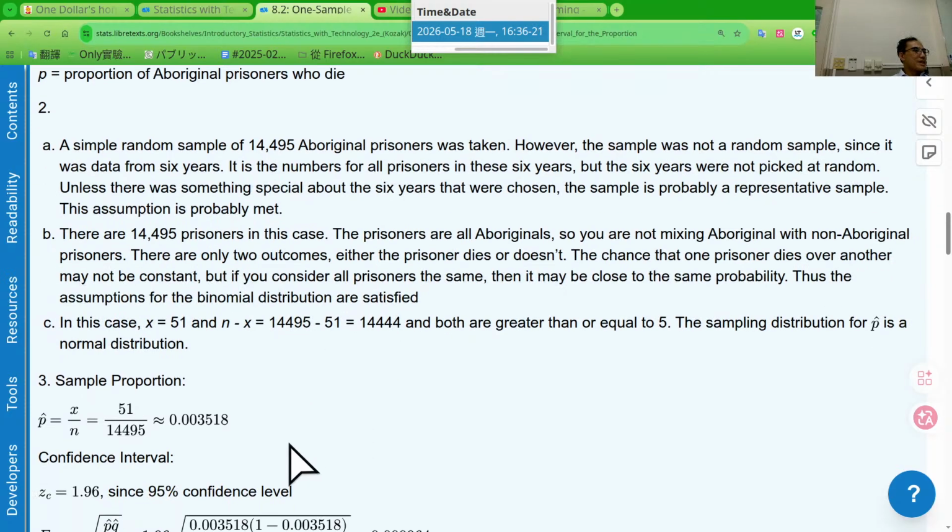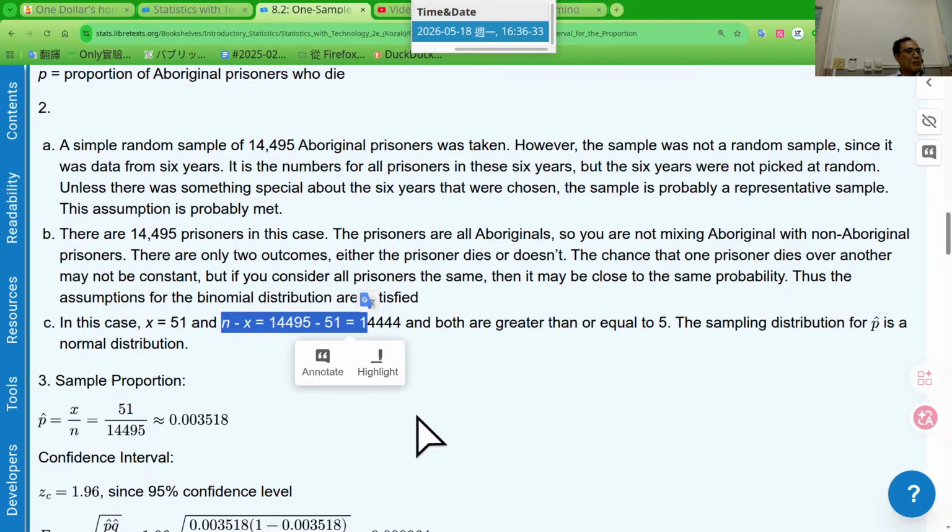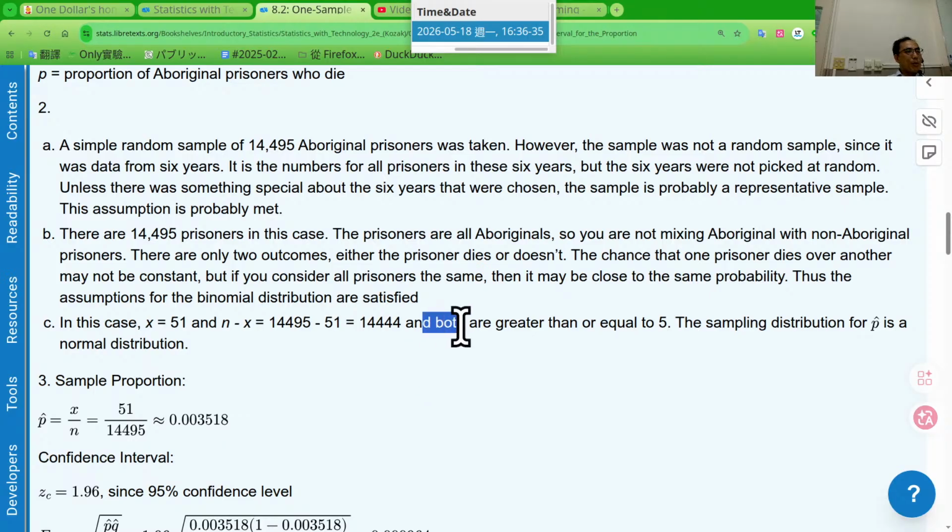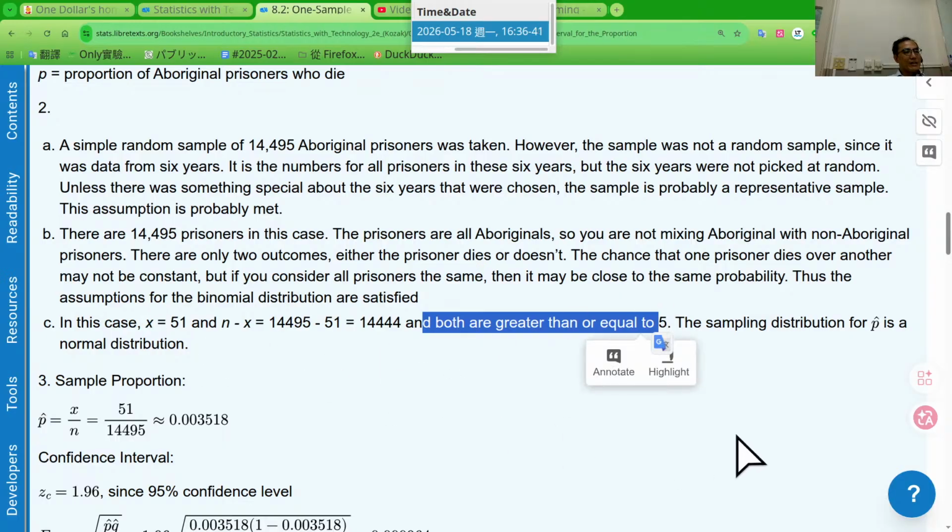In this case, x is 51, and n minus x is 14,444, and both are greater than or equal to 5. When we multiply them together, the number is very big and fits the criteria.